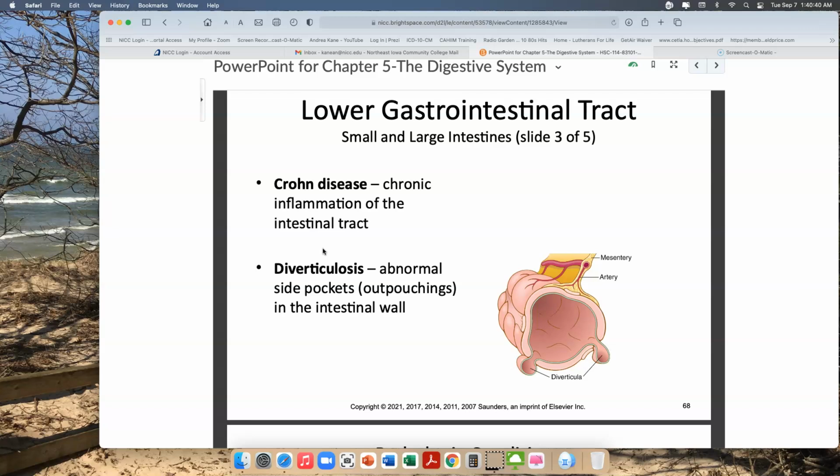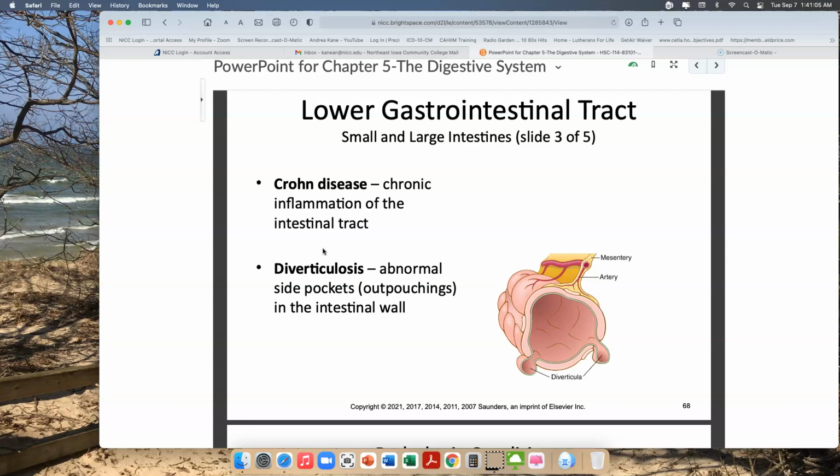But moving on, small and large intestines, things that can go wrong include Crohn's disease and diverticulosis. Crohn's disease is a particularly nasty condition where you have chronic inflammation of the intestinal tract. And this is something that can erupt and cause significant problems, hospitalization for patients.